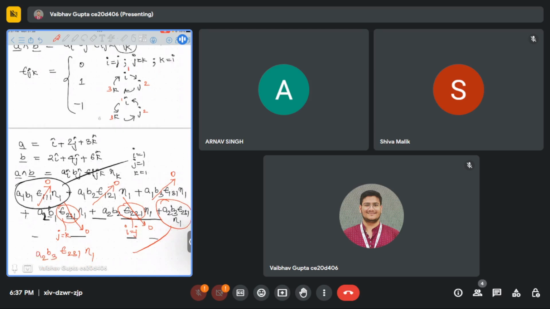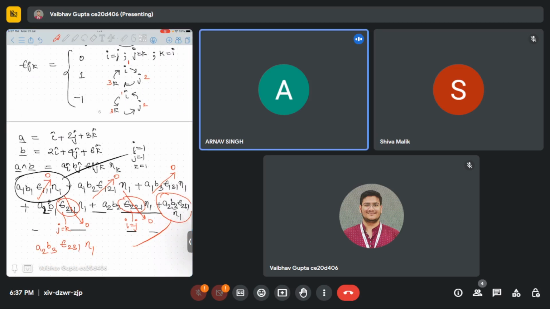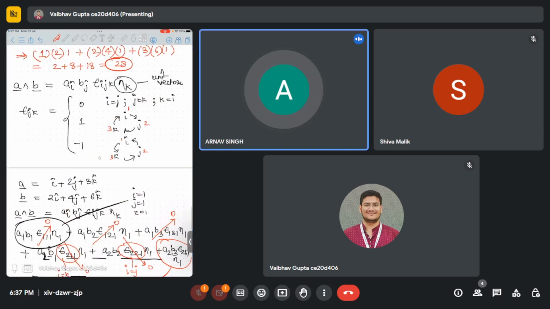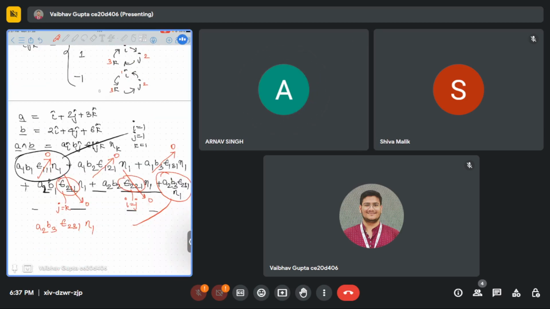So 231 is what? Is it clockwise direction or anti-clockwise direction? Can you answer? Anti-clockwise. 231 is clockwise direction. See here. Oh, sorry, sir. So here epsilon will take value 1. Okay. So it will become A2 B3. This value is 1. Eta 1 is nothing but i cap, eta 2 is j cap and eta 3 is k cap. It's a unit vector. You can denote.